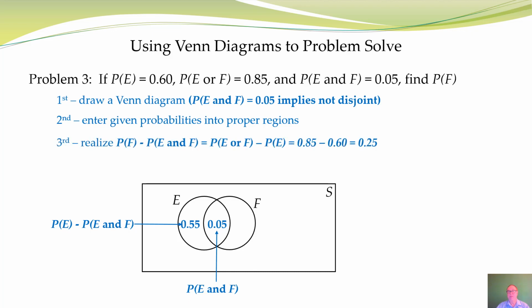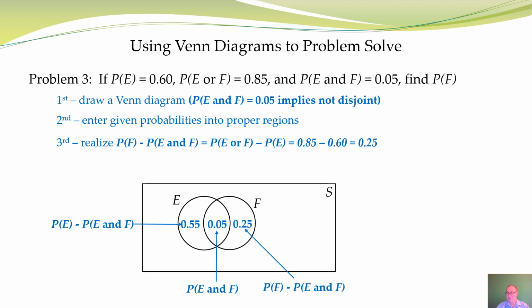Next, realize the probability of F minus the probability of E and F equals the probability of E or F minus the probability of E. So I take the probability of E or F, which is 0.85, given in the problem, minus the probability of E, which is 0.60, which gives me 0.25.